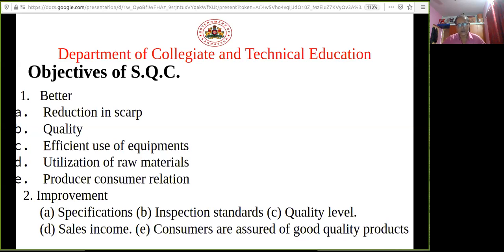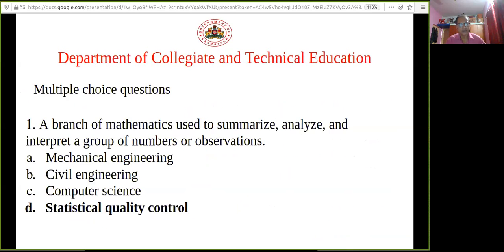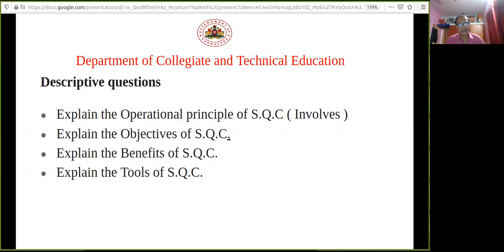Naturally, by using sophisticated tools, better raw materials and equipment, there is always an improvement in the quality level. Sales income will also improve, and customers are assured of good quality products. So these are the benefits, or I can say the objectives, of SQC.